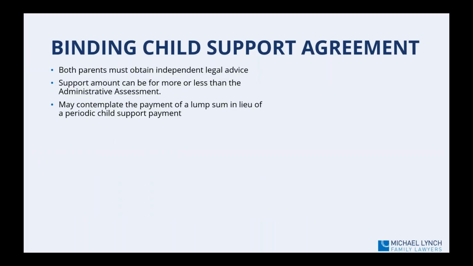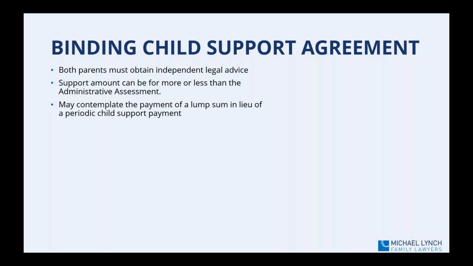A binding child support agreement is an agreement in writing which sets out child support arrangements. A binding agreement differs from a limited agreement in that, before signing the agreement, each party must receive independent legal advice about the effect the agreement has on rights and the advantages and disadvantages of entering into the agreement. The lawyer who provides that advice will then sign a certificate which confirms that you received this advice.